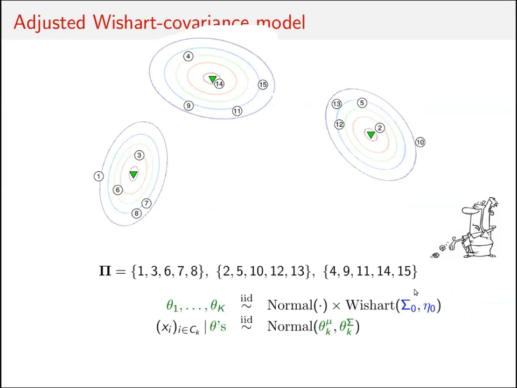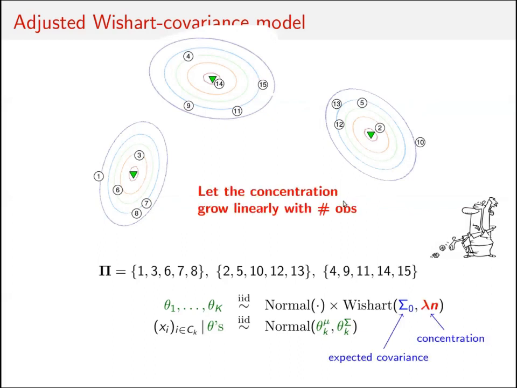So in order to balance the fact that apparently in the standard Wishart approach, as far as the MAP goes, the model is able to adjust too much to the covariance structure in the components, we allowed this concentration parameter to grow linearly with the number of observations, with some coefficients.